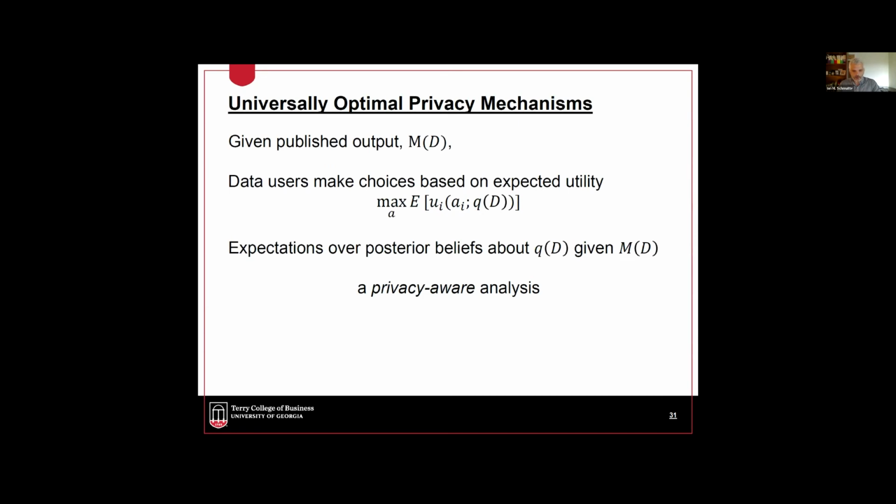And I think this is an important point to think about in publishing data using formal privacy: if we imagine that data users are using the data naively, treating them as though they are not being subject to distortion, then it makes the analysis more complicated, although probably more realistic.